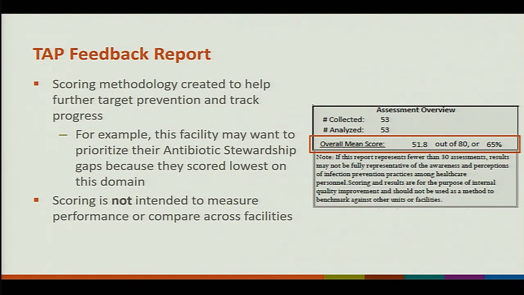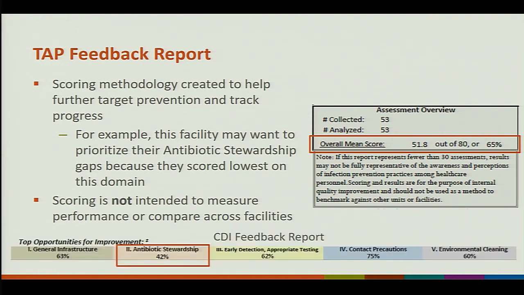So for example, if this overall assessment score was 65%, we're not saying it's pass or fail or good or bad. But for the CDI feedback report, we get a breakdown by domain of the scores. So if I were this facility, I'm not going to base it solely on these scores, but maybe we want to take a look at the antibiotic stewardship domain because that has scored much lower than the others.